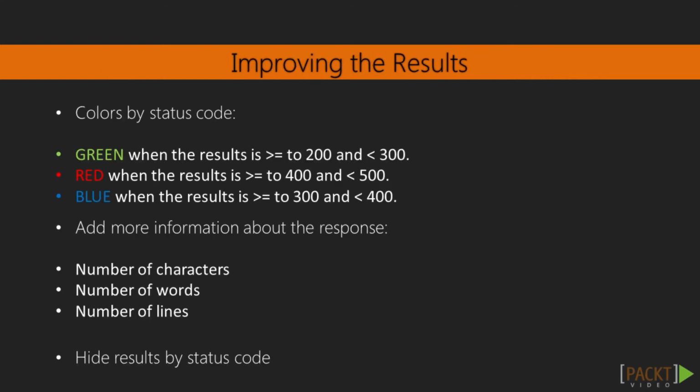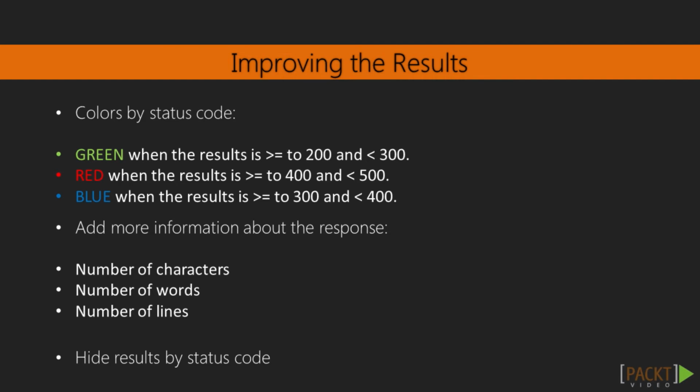In the previous video, we created a basic bruteforcer, but we saw that the results were a little basic. And when we have a lot of results, it won't be easy to identify the interesting findings. So we can add colors depending on the status code. A good start will be to print in green all the results which have a status code greater or equal to 200 and lower than 300.